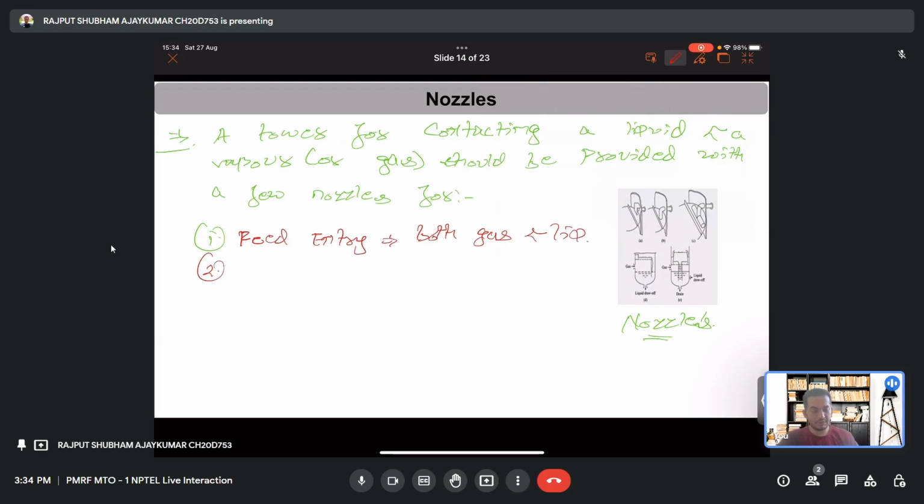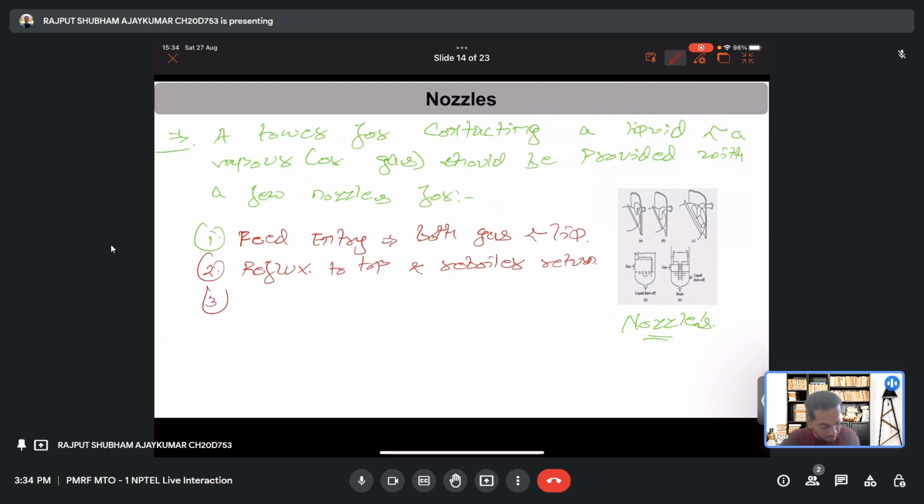Second one is reflux to top and reboiler return.